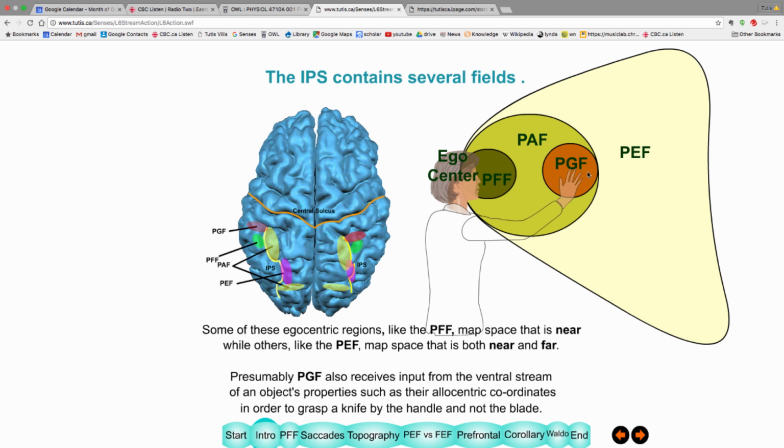A grasp field will be the area that your hand can grasp. The parietal arm field will be whatever you can reach to, this peripersonal space. And the parietal eye field is all the areas that you could look at, which could be quite a distance, even further.